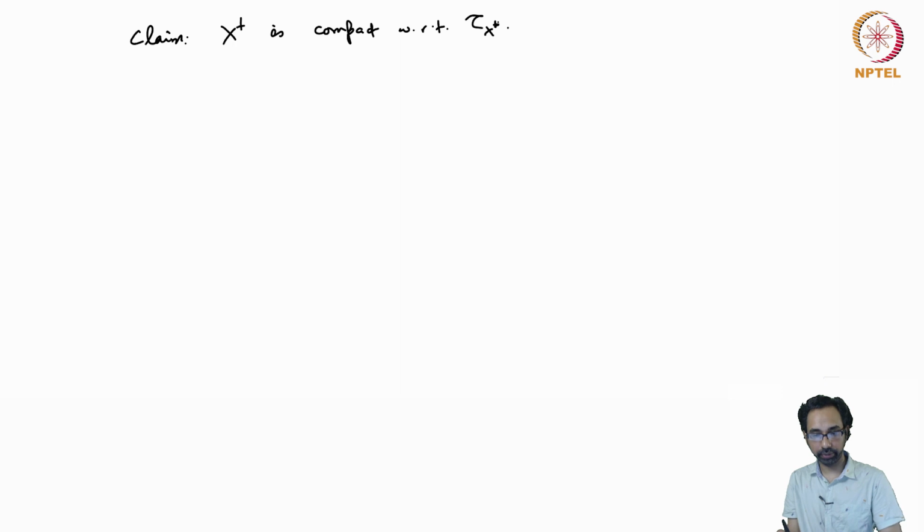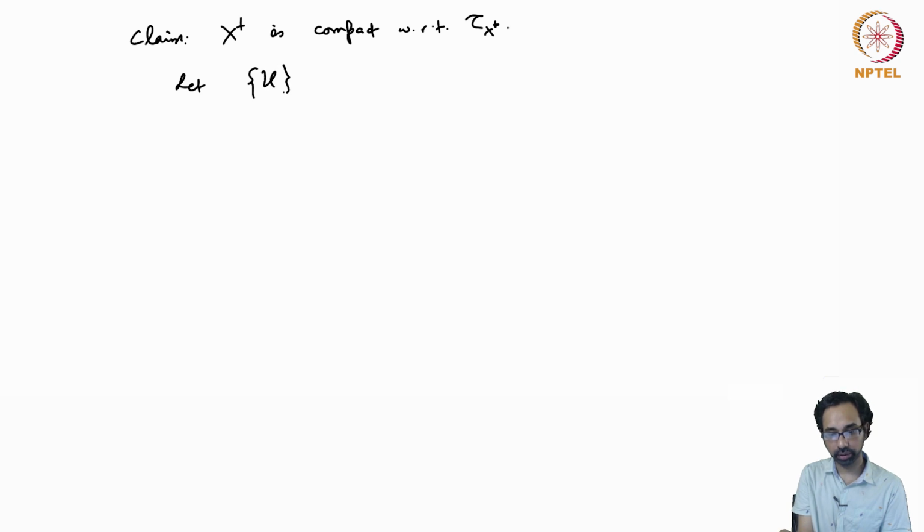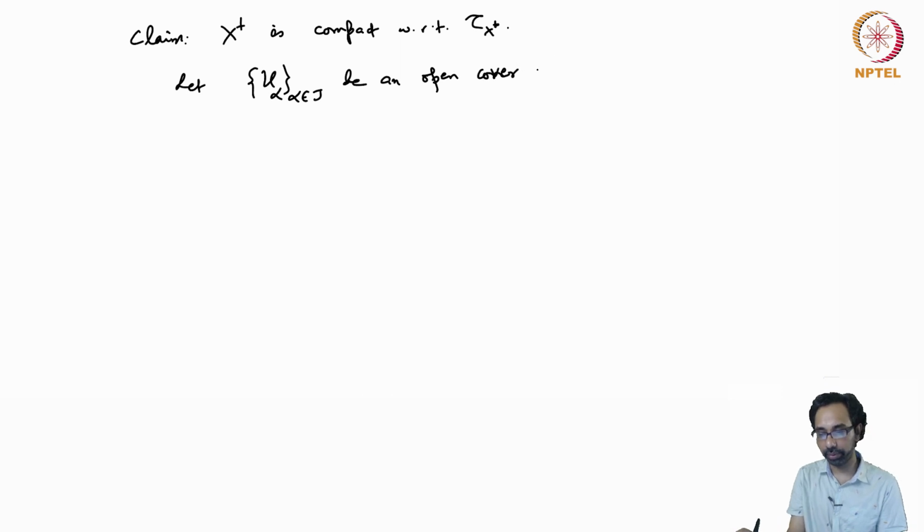So why is this compact? Let U alpha, alpha in some set A, be an open cover of X plus. This open cover has two kinds of open sets, one that contains infinity and one that does not.